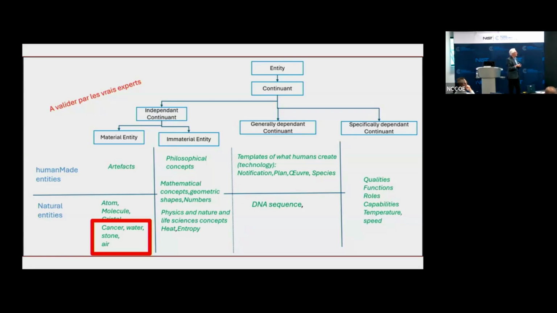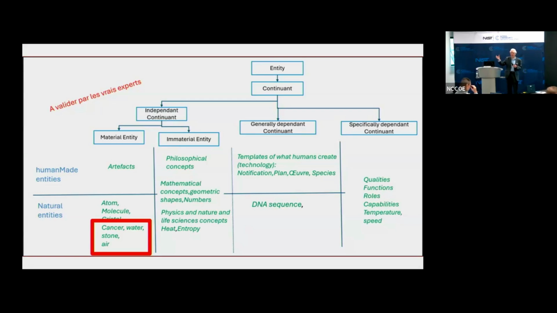In other words, are there two kinds of material entities? We don't have that in BFO. Someone might build an ontology which is lower down, which makes that distinction. That would be fine. But I don't think the distinction is well grounded, because some natural entities may be remade artificially.